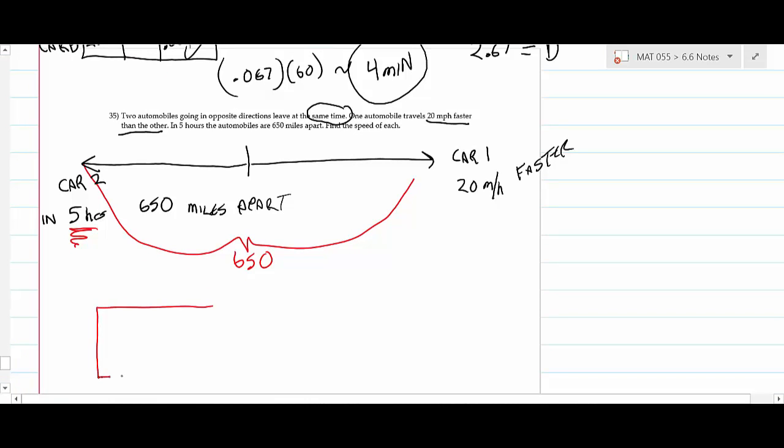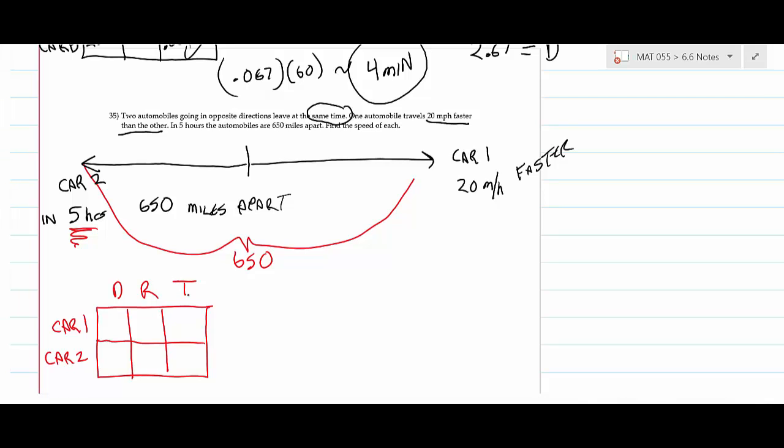Now let's draw our chart. Next thing is let's get everything organized. So we're going to have a row for car 1 and a row for car 2, and we're going to have distance, rate, and time. Okay, what is the one thing that we know for sure? The 5 hours, right? The times are the same, so without a doubt those two things are 5.